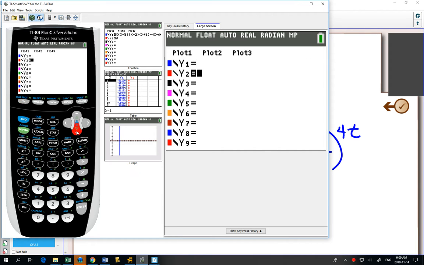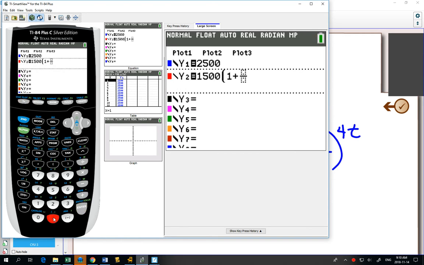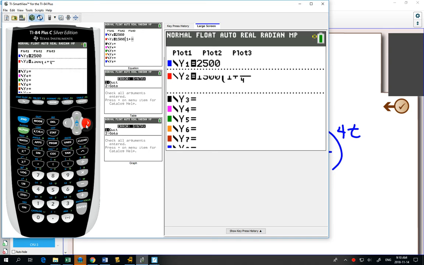So I'm going to clear out everything else that we have. The one side of our equation was 2,500. The other side of our equation was 1,500 bracket 1 plus 0.04 divided by 4 to the exponent of 4x.